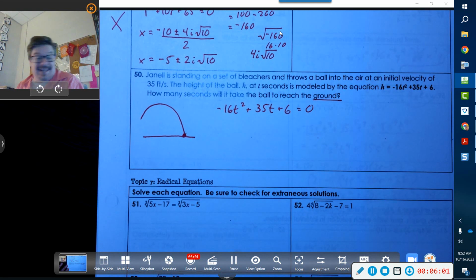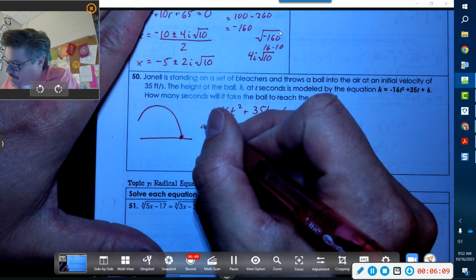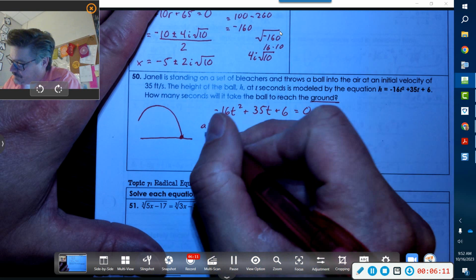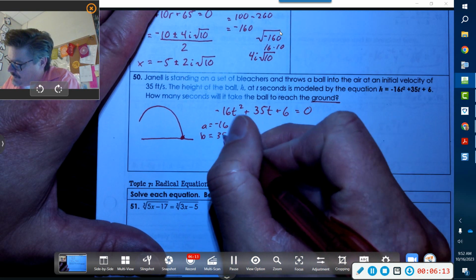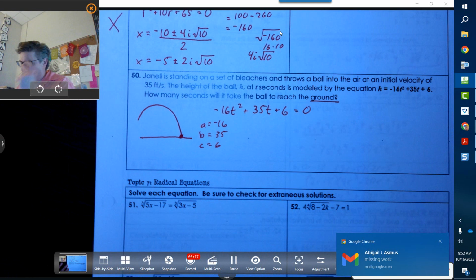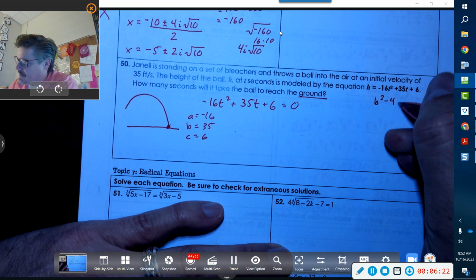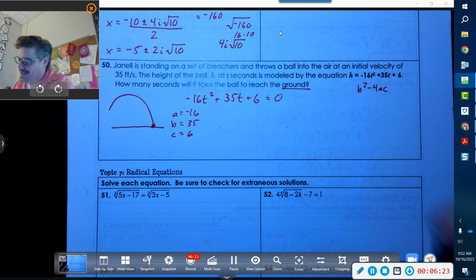So let's see. Can't factor any of this stuff, so my guess is we are going to go straight to the quadratic formula, and that's exactly what it says over there. So I'm going to do that. A equals negative 16, B equals 35, and C equals 6. Okay. And so I'm going to go to my B squared minus 4AC, take care of him separately.